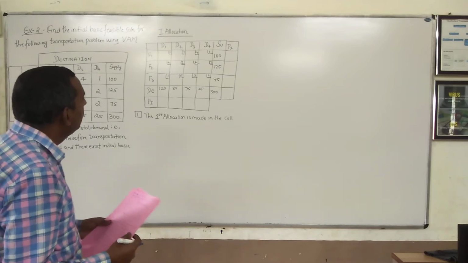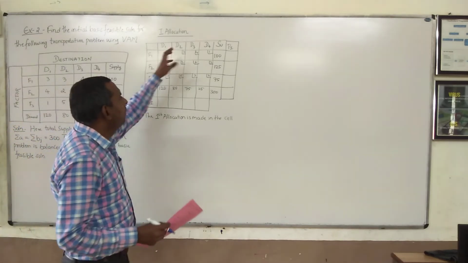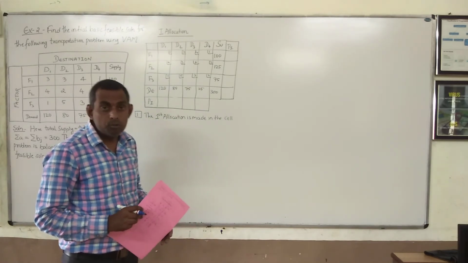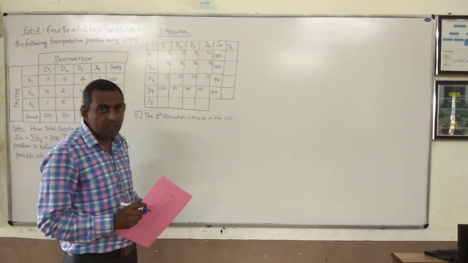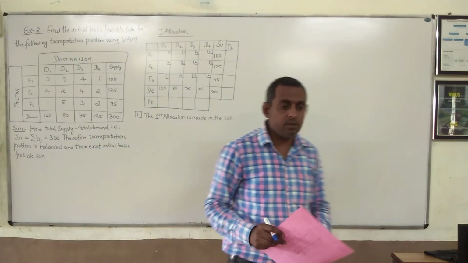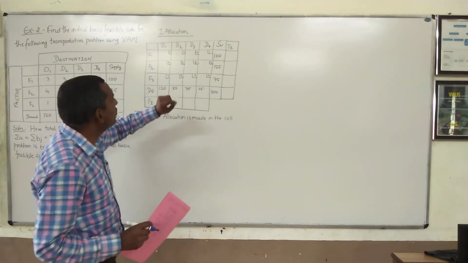We have to choose the smallest cost among the cost matrix, and then the next smallest cost. So what is the smallest cost here?